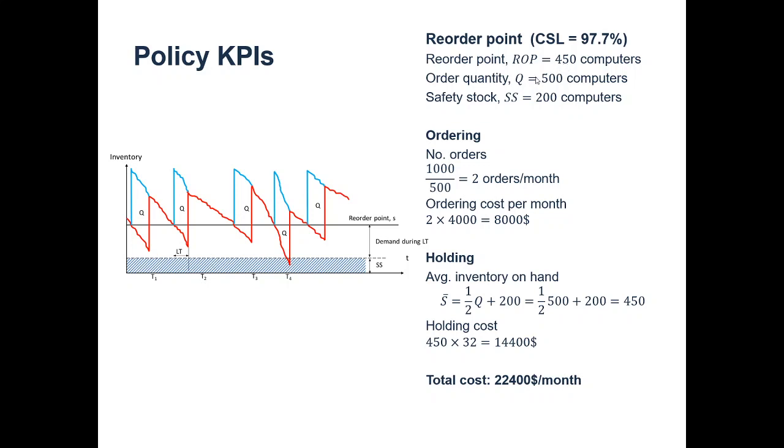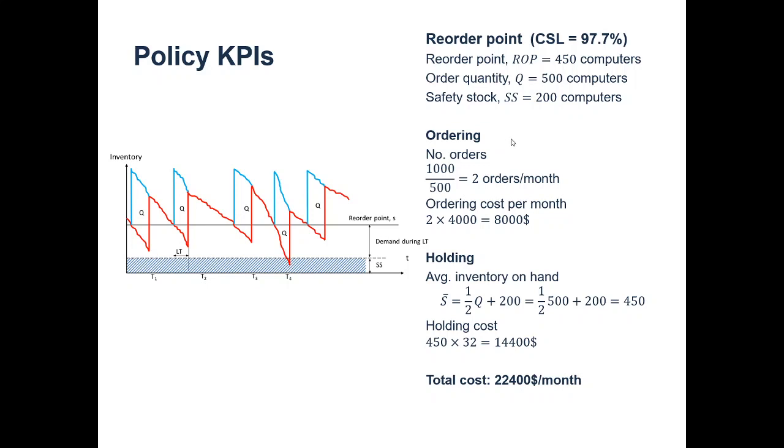We will order computers in lot sizes of 500, and that means that our safety stock is 200 computers. Remember that it was the demand during the lead time plus the safety stock. So this 450 is computed as 250 plus 200 computers, and this means that we will meet all our demand in 97% of our cases.